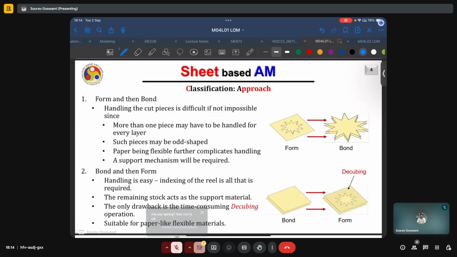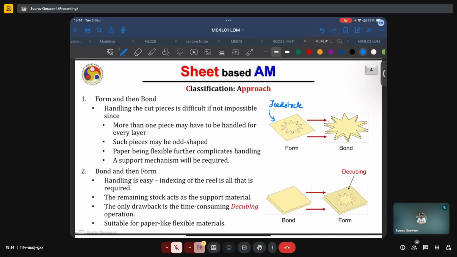On the right here, we have a schematic which discusses the two of them. The square, or okay, better to say rectangular sheet that we see here is the feedstock in yellow. And out of that, a shape is being cut, which is the shape of a star.